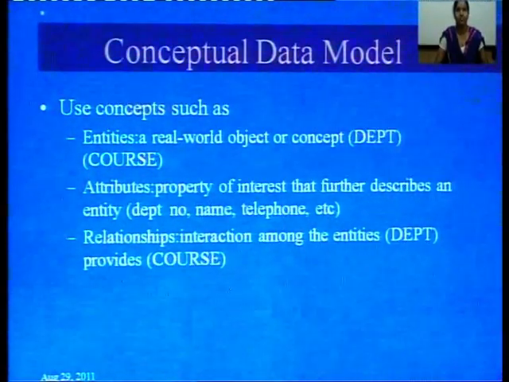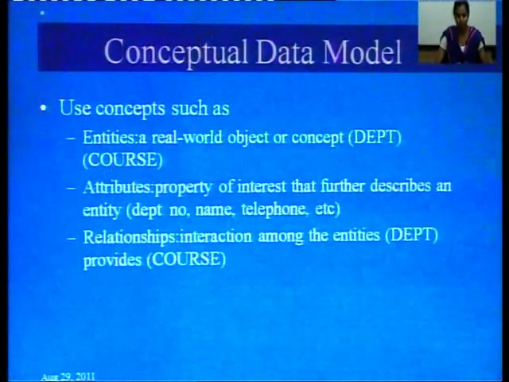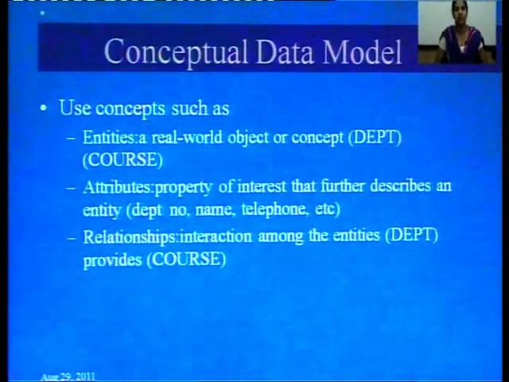So the very first is the conceptual data model. The conceptual level is a presentational level, which is what the actual user is seeing. When we are running or executing any application, it is at the conceptual level.